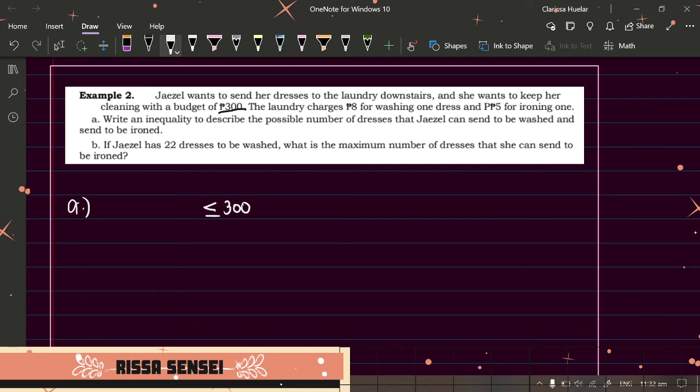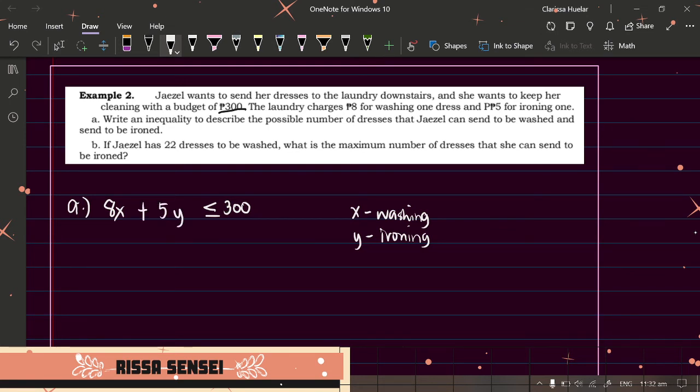It says 8 pesos per dress. So, we let X for washing, then we let Y for ironing. 8 pesos for washing and 5 pesos for ironing.